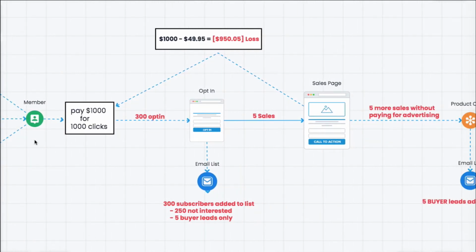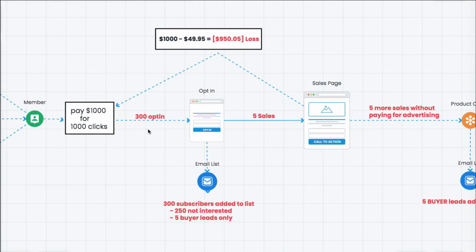Let's say that this member bought a package for $1,000 for 1,000 clicks, and the average opt-in or conversion rate is about 300 out of 1,000. Okay, so we'll use that for this example's sake.